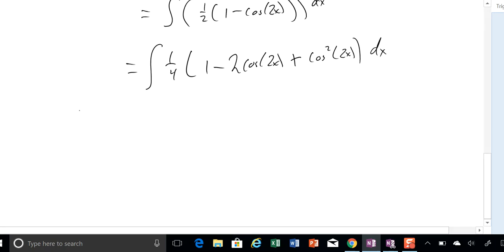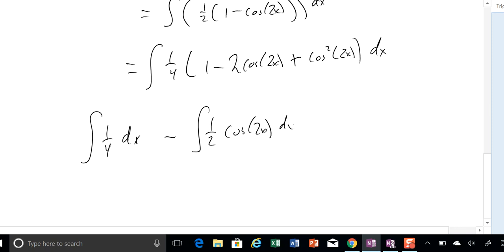And so I've got the antiderivative of 1/4, minus, the 1/4 times the 2 is going to give me 1/2, the antiderivative of 1/2 cosine 2x dx, plus the antiderivative of 1/4 cosine squared 2x dx.